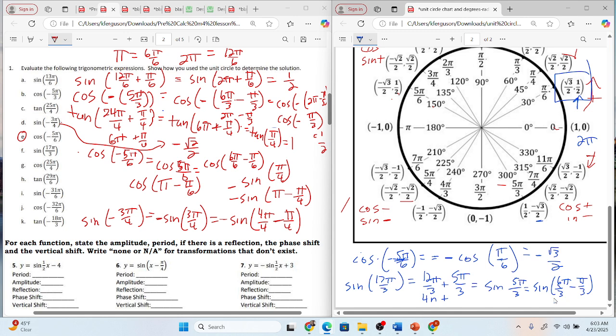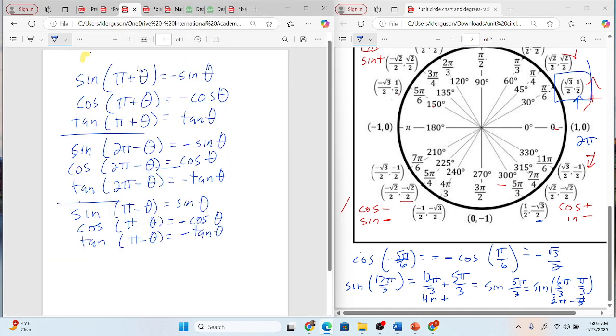So that's going to be 2 pi minus pi over 3. Now, of course, I'm running out of room again. So I'm looking at 2 pi minus theta. So if I've got positive sine of 2 pi minus theta, that ends up being negative theta.